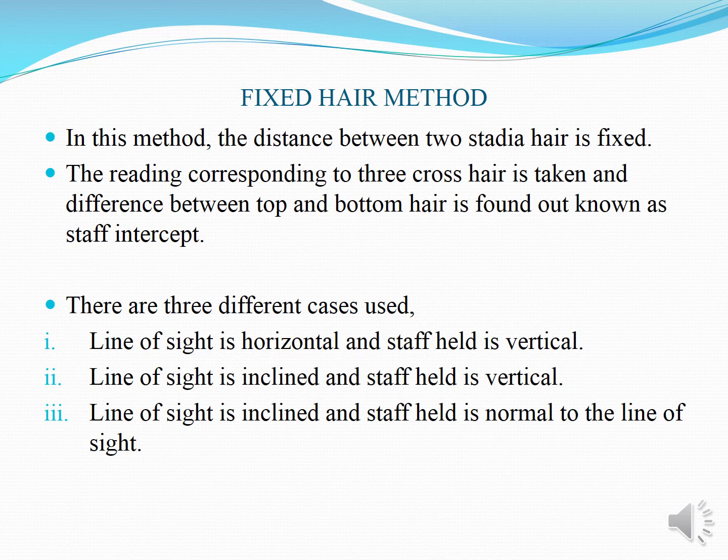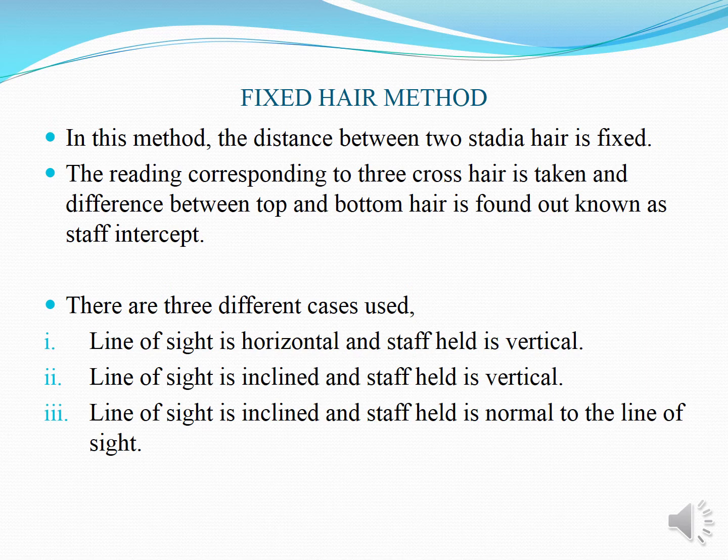First is when the line of sight is horizontal and the staff held is vertical, means the line of collimation or line of sight is horizontal and the staff held is vertical. Then the second case is when the line of sight is inclined by some angle, and the staff held is vertical.